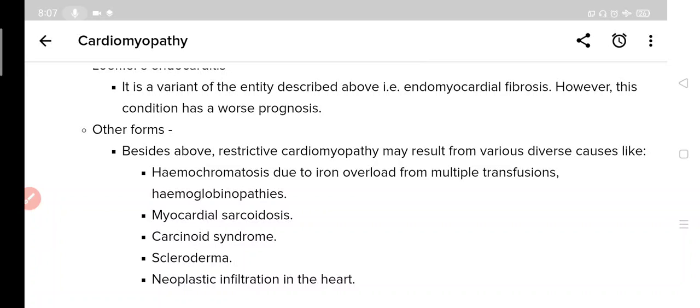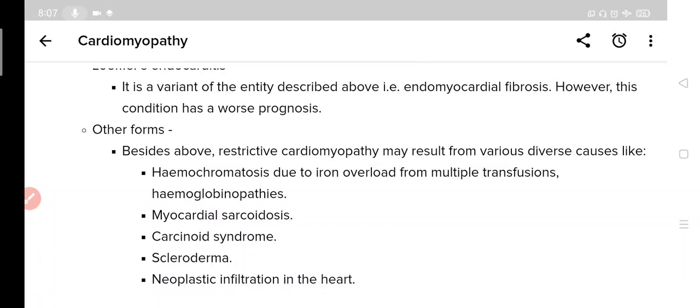Besides the above, restrictive cardiomyopathy may result from various causes, which we will just note. The first one is hemochromatosis due to iron overload from multiple transfusions or hemoglobinopathies. Hemochromatosis is overload of iron.